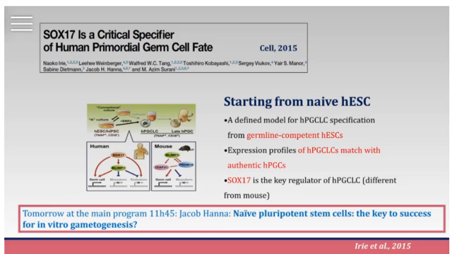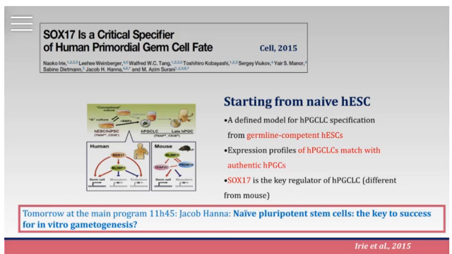And they showed that they could very efficiently get to the first step, the primordial germ cells. They also showed some differences with the mouse, for example SOX17, which is not involved in mouse PGC formation, is one of the key regulators in human.